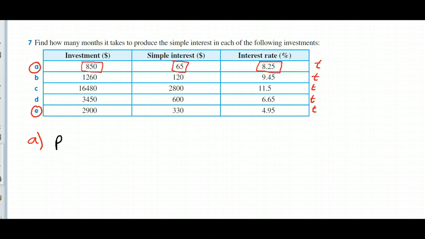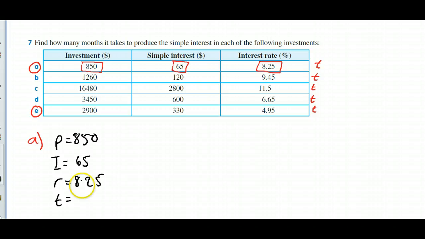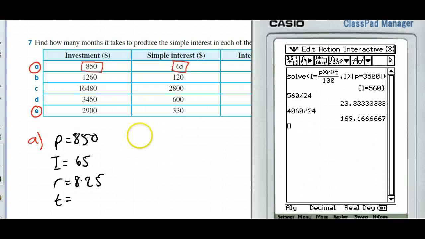So we know that the P, the principal, is $850. That's the amount being invested. We know that the interest earned turns out to be $65, and we know that R equals 8.25. So what we don't know is T. So let's use our equation in the calculator to find T. In this case, we've got to change the focus of the equation to T. The principal is 850.